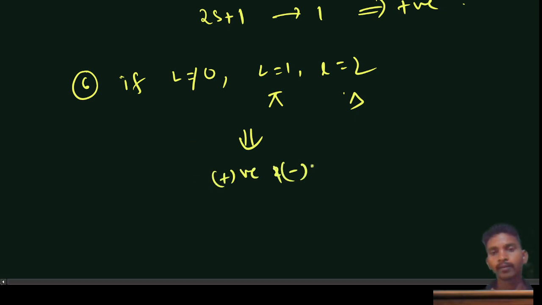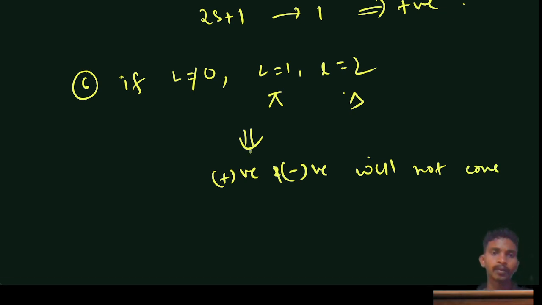Positive and negative will not come, so this will be absent. Okay, if L is not equal to 0, if it is 1 or 2 or those values, then positive and negative will not come.